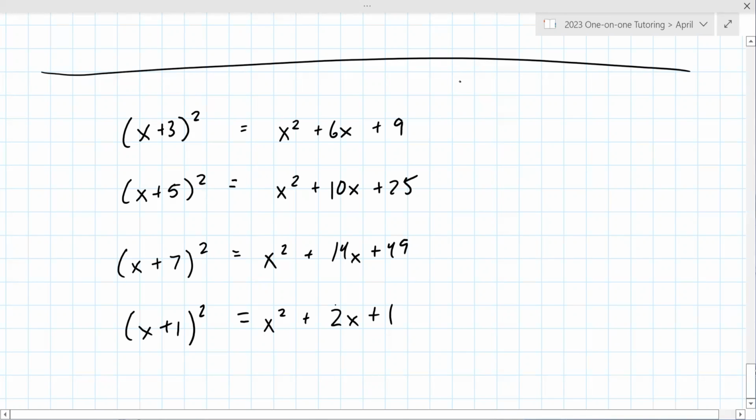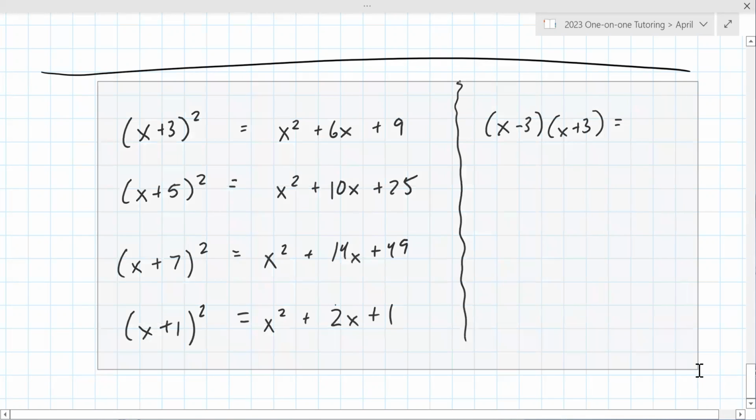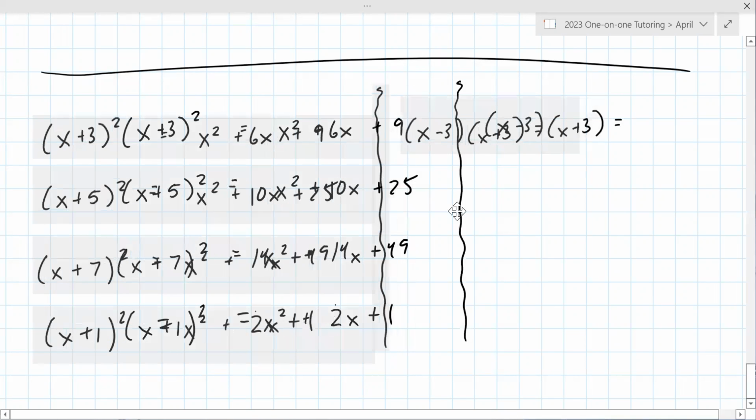Now, here's where I think maybe you're unsure: what if I give you something like x minus 3 times x plus 3? Can you FOIL that to tell me what that is and see how it compares to this one on the left here? Just move everything over a little bit here.